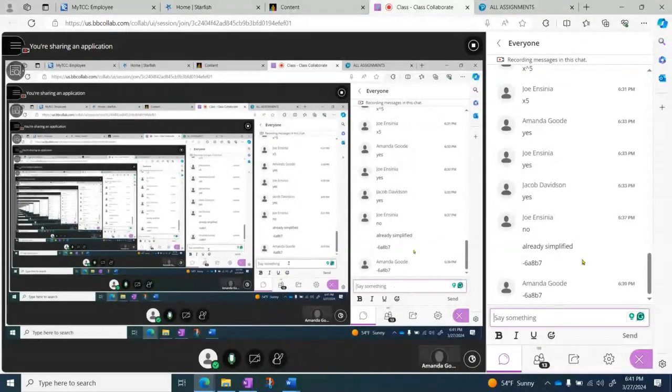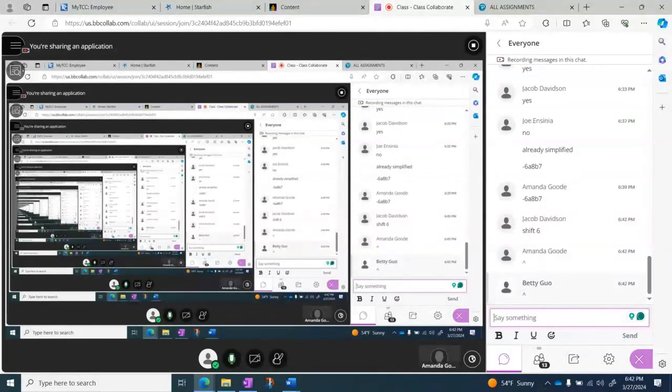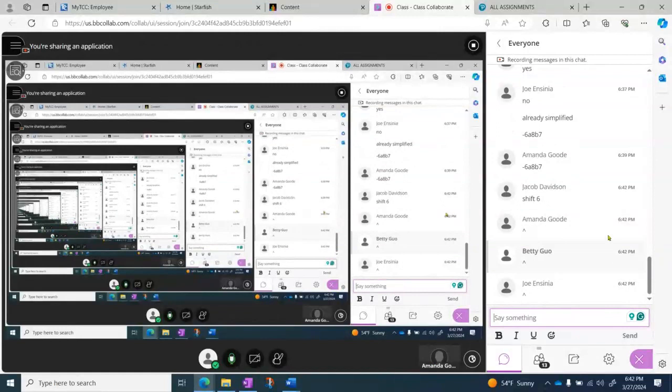When you type an exponent, you actually need to type this symbol. Where is the symbol on the keyboard? On the keyboard, it is above 6. Shift 6. Yeah, we should write -6.